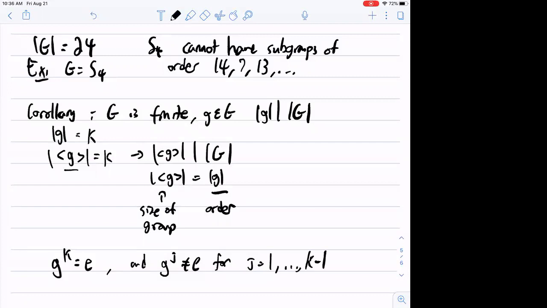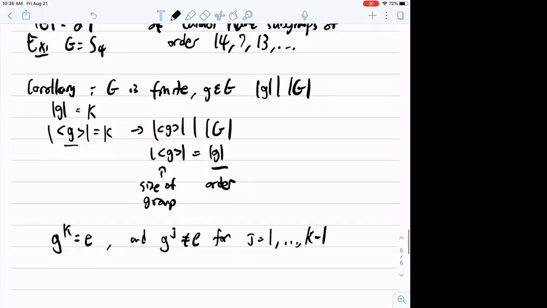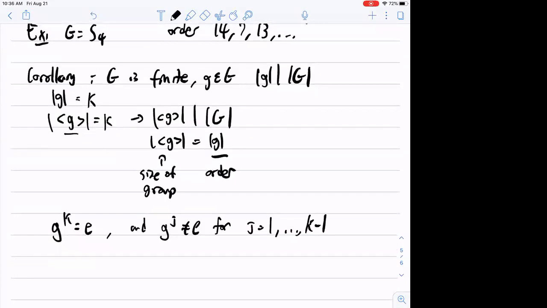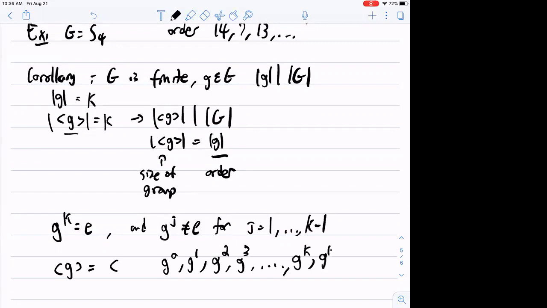It means k is the smallest positive number with that property. But then what is the subgroup generated by g? It's all powers of g, right? So it's g0, g1, g2, g3, up to g^k, and so on and so forth, right?